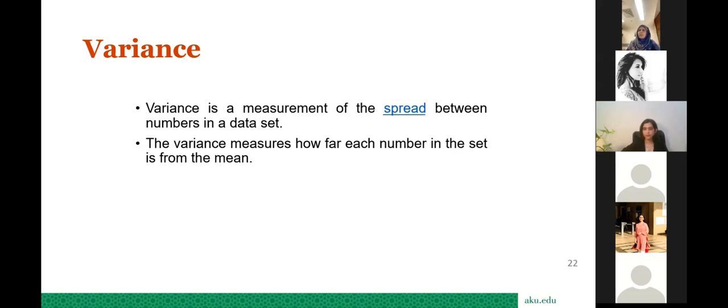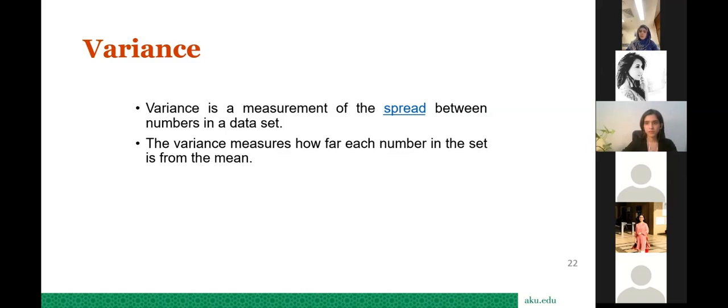When you talk about variance, it's a measure of spread. That is how far your measurements are from the mean. If we have 100 patients and the mean age has come up to maybe 50, just an arbitrary value, how far is each observation from this mean?